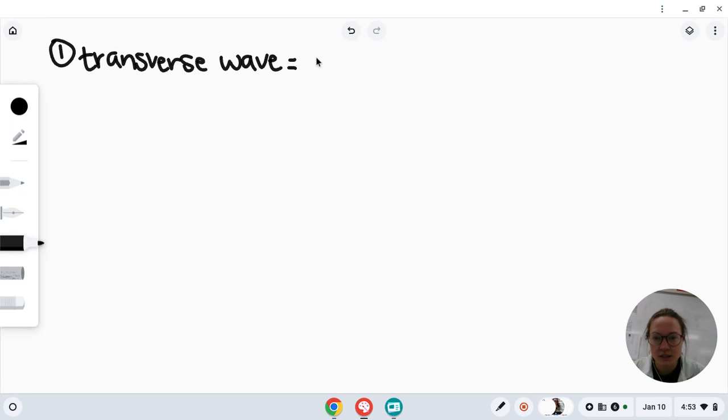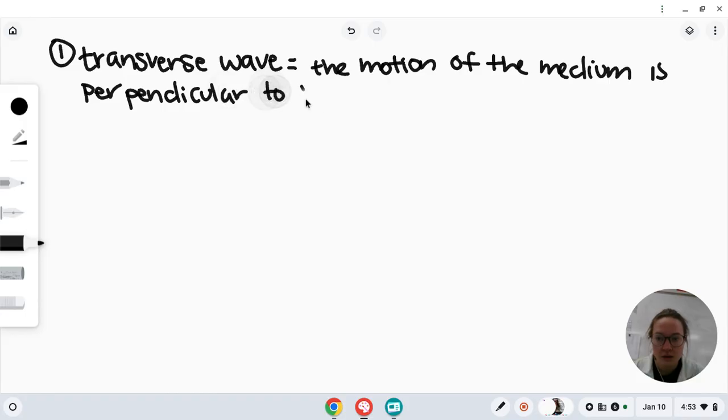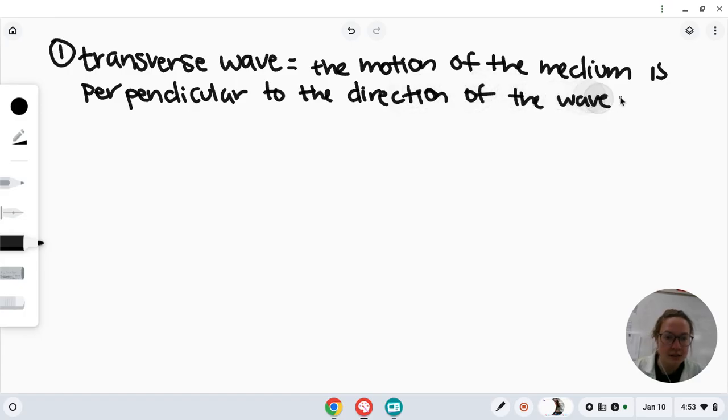It's a wave in which the motion of the medium is perpendicular to the direction of the wave's propagation.